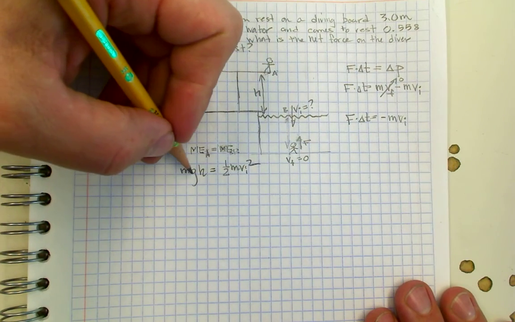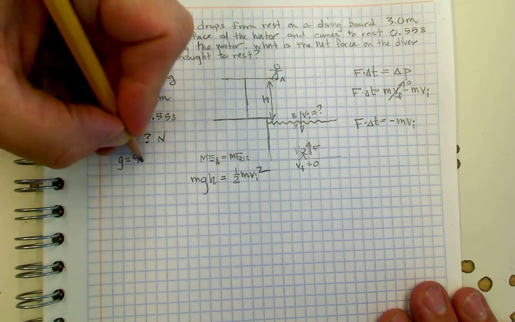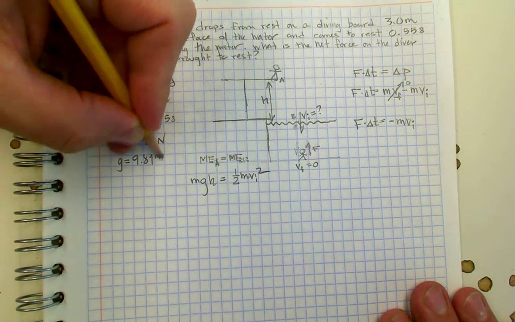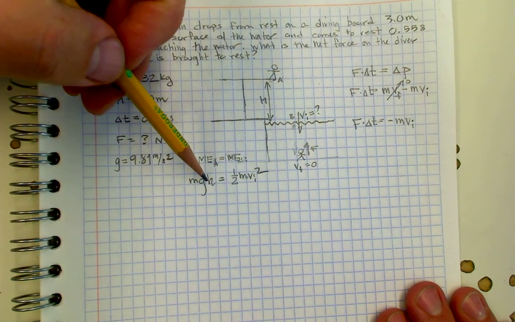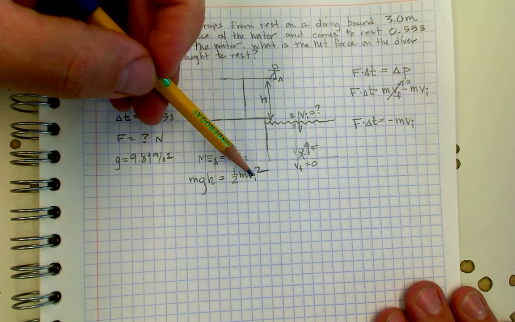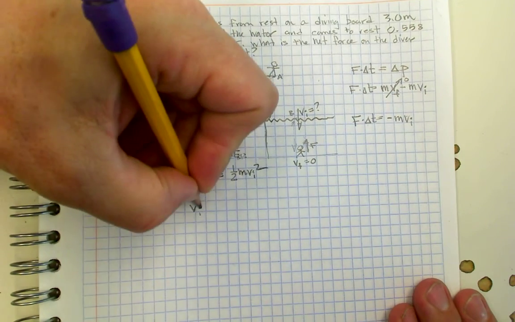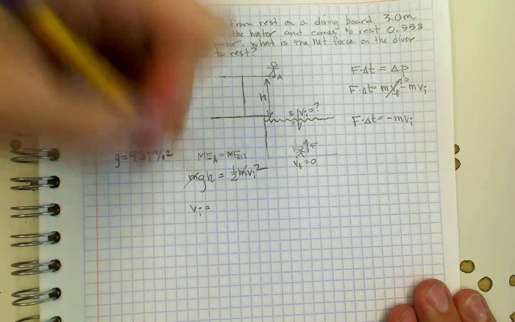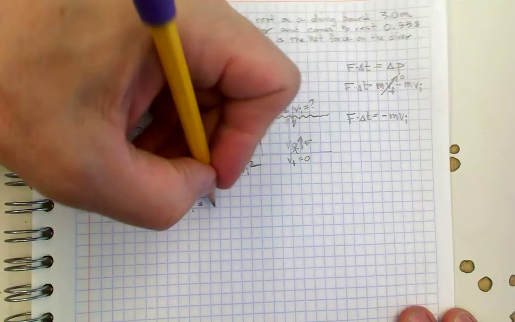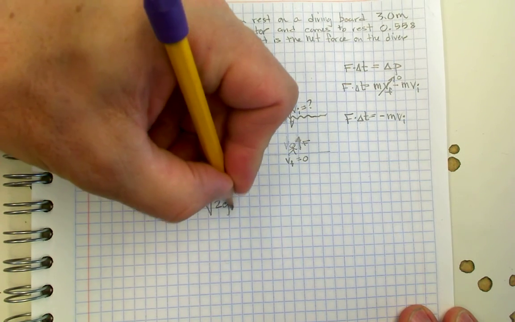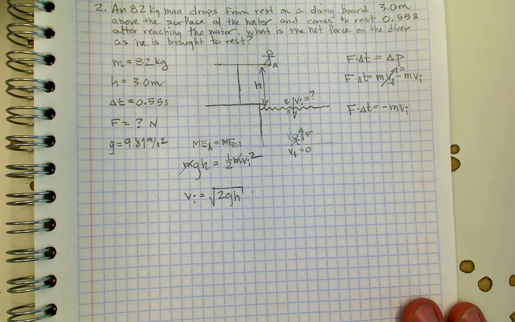And now I know what g is, of course. We'll add that to the list of things that we know, 9.81 meters per second squared. And we know what h is. We just don't know what v is. So we can solve this equation for v sub i. First, cancel out those m's, multiply both sides by 2, and take the square root, and you get the square root of 2gh equals the speed.